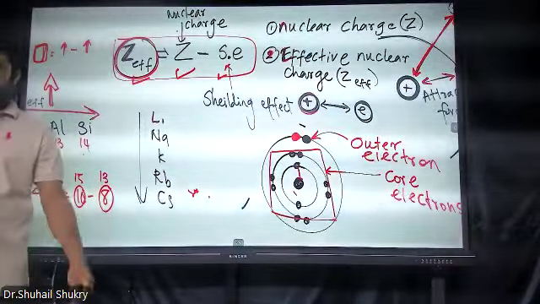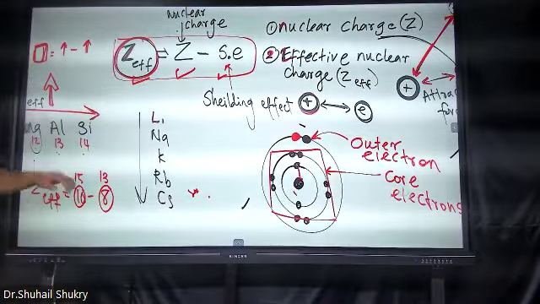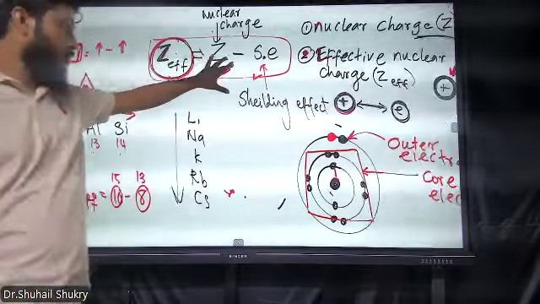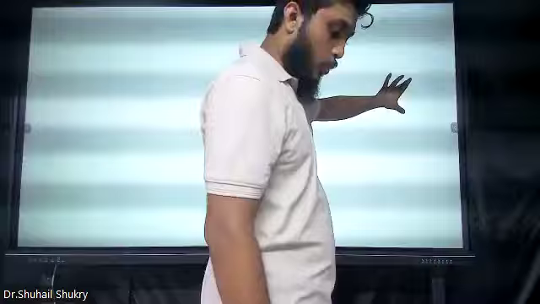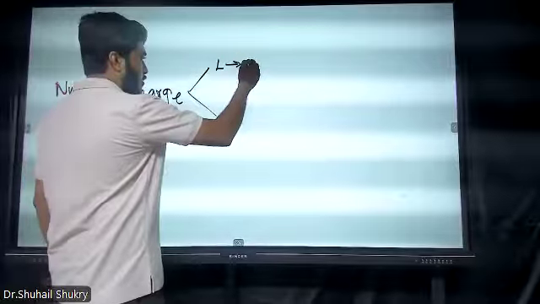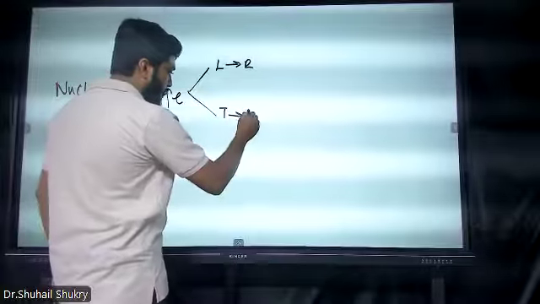So now we have to write this down. We'll see whether you can remember this. Now, what are the things we spoke about? Nuclear charge, left to right and top to bottom.